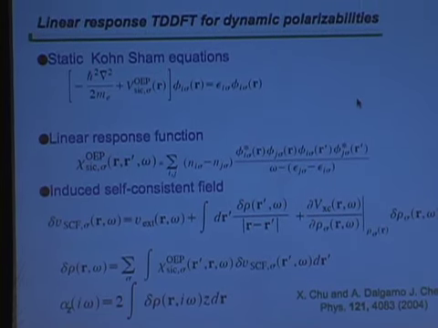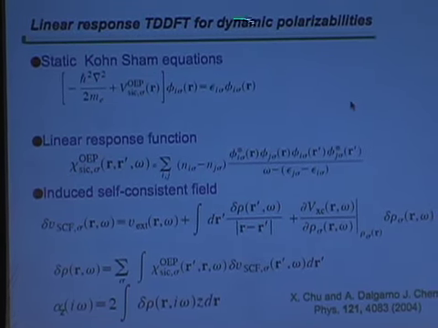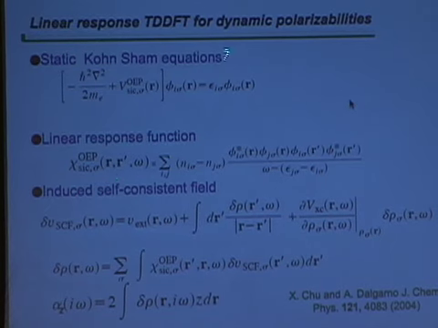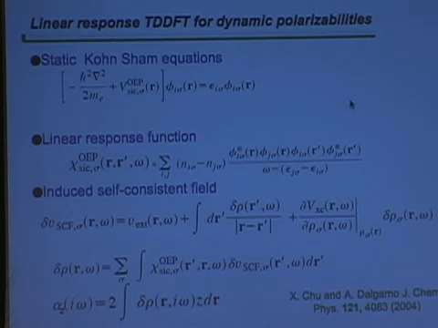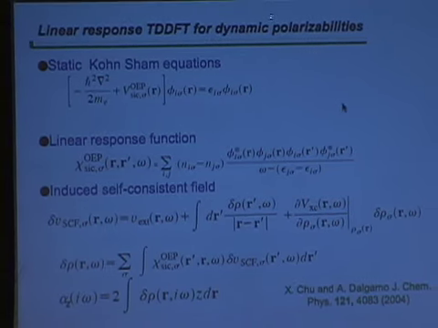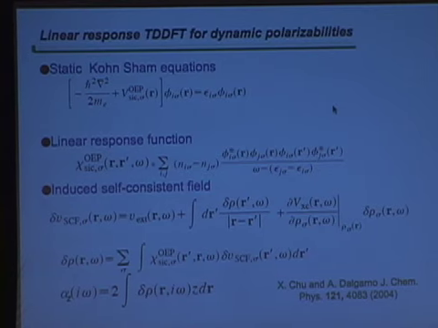This is the Hamiltonian for a Kohn-Sham equation. So if we solve the Kohn-Sham equation, we obtain a whole set of spin orbitals and the associated energies. And we use these orbitals and energies to construct a linear response function. The linear response function is defined by this equation.